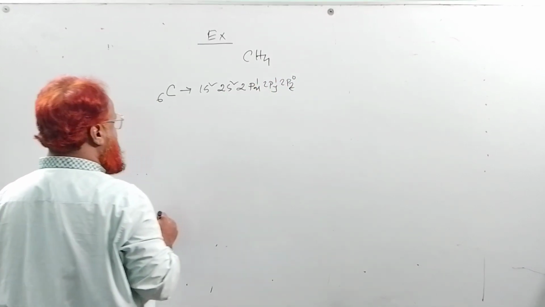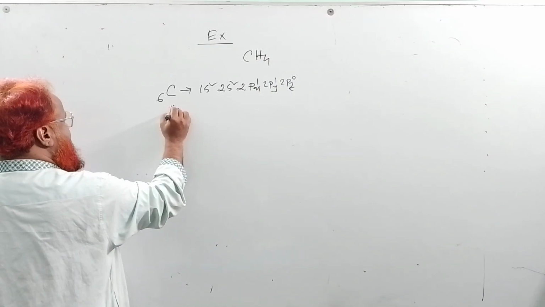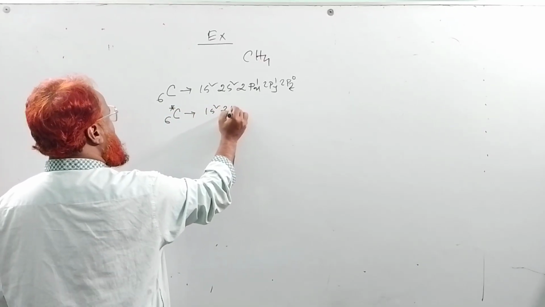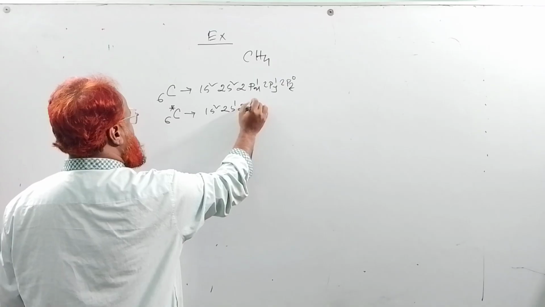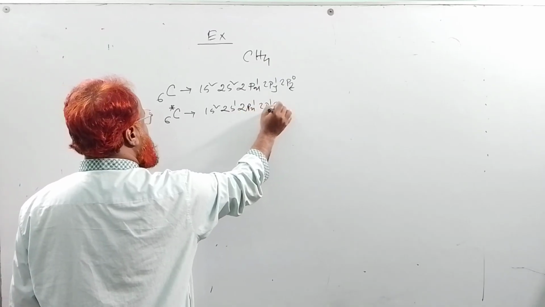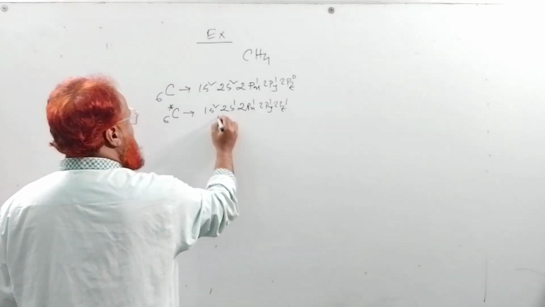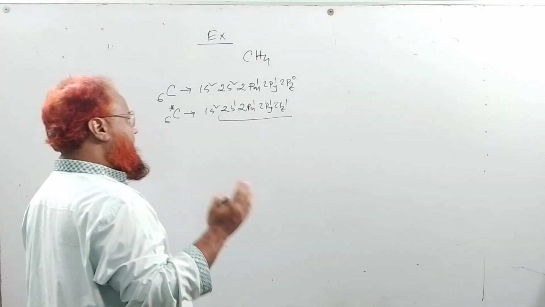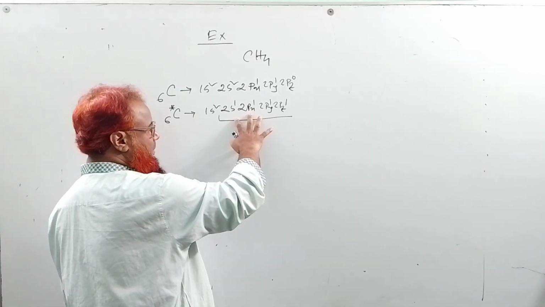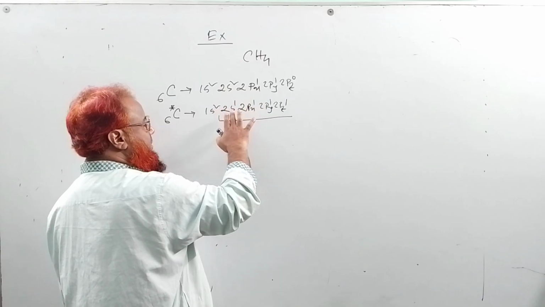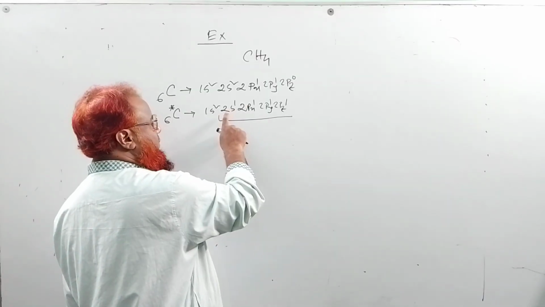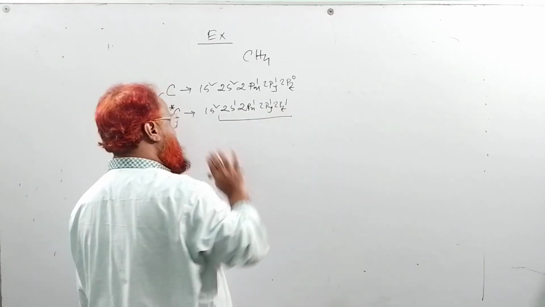But at excited state, it will be like this: 1s2, 2s1, 2px1, 2py1 and 2pz1. So, now the number of unpaired electrons is 4, and the number of orbitals in this valence shell is 4, that is 1s and 3p orbitals.